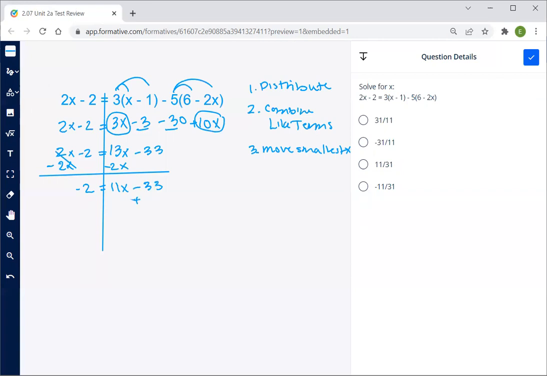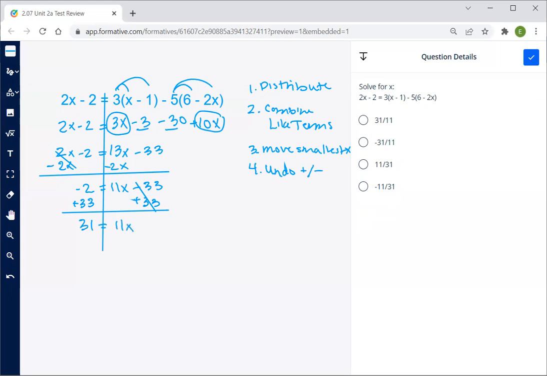And we got to go ahead and add 33 to both sides because we want to undo addition and subtraction next. Which gives us 31.